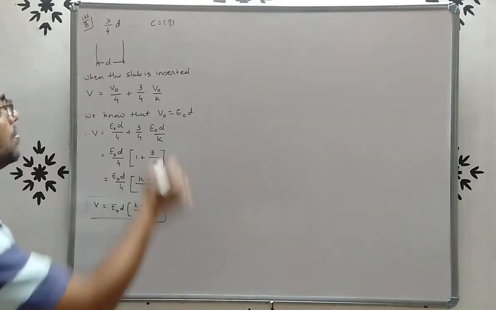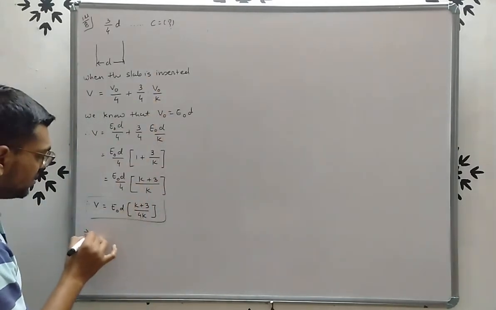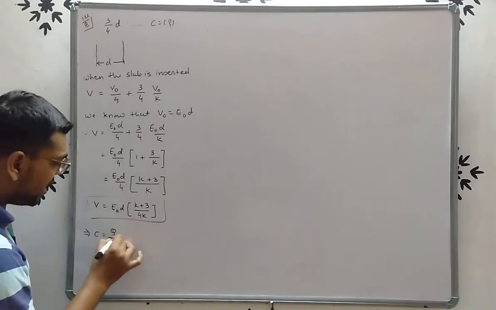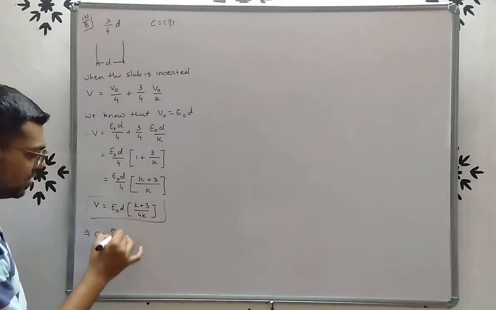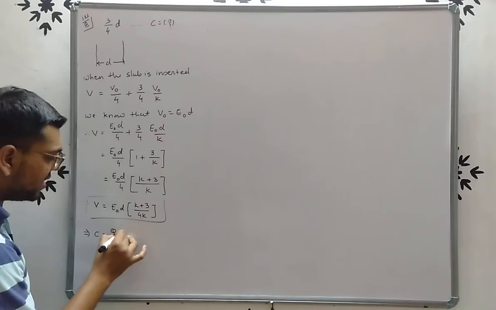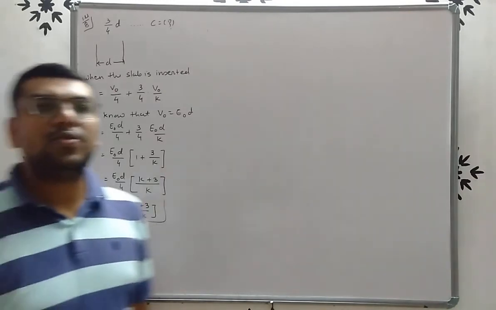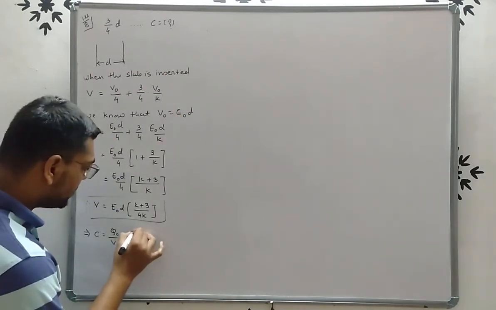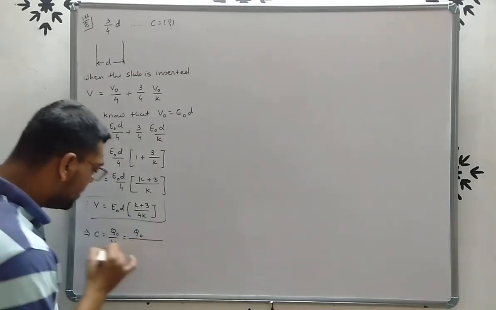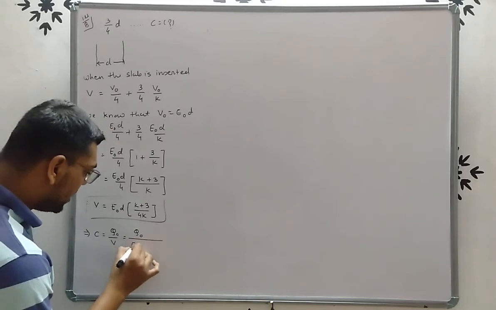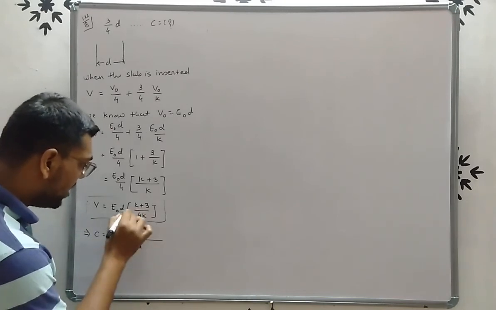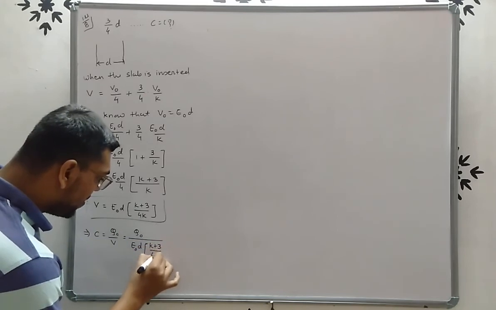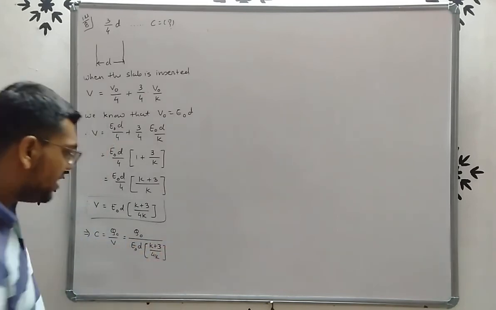Now we have to find out capacitance. So we know that C is equals to Q by V, right? Here charge will remain same, so we can write Q0 by V. The value of V is E0D into K plus 3 by 4K, right?